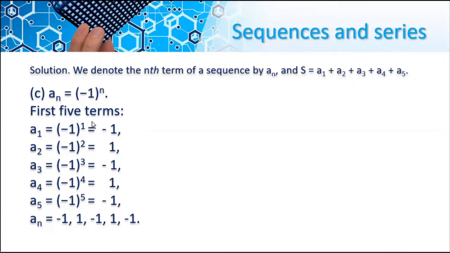Kapag pala yung ating mga exponent ay 1, 3, 5, ito ay mga tinatawag na odd counting numbers, di ba? Odd integers, pwede rin, odd integers. So, ang nangyayari ngayon, kung ang ating exponent ay odd integers, ang pattern, always negative.